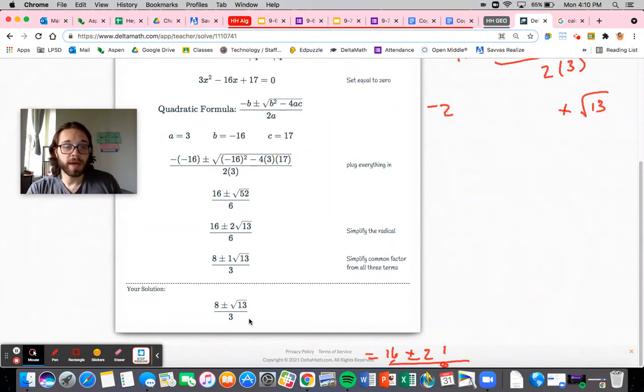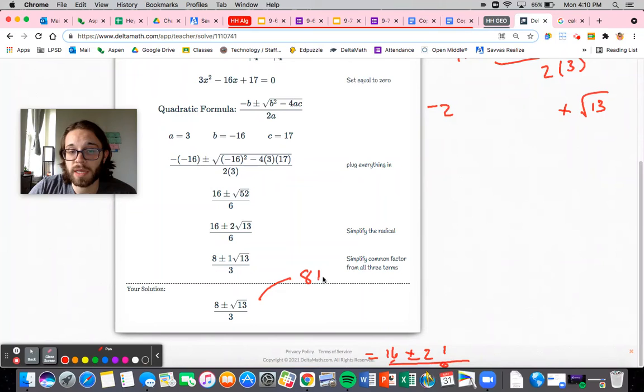If you plug this into a calculator, right, what is this? This is essentially 2 different things, right? This is 8 plus root 13 over 3, or it would be 8 minus root 13 over 3, which you can plug into a calculator. You get 8 plus the square root of 13 divided by 3, right?